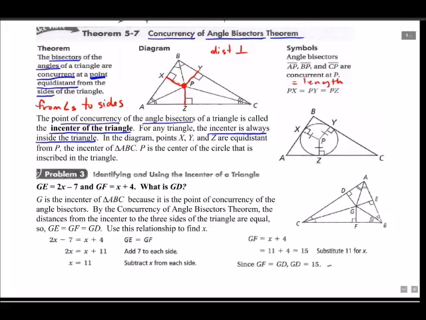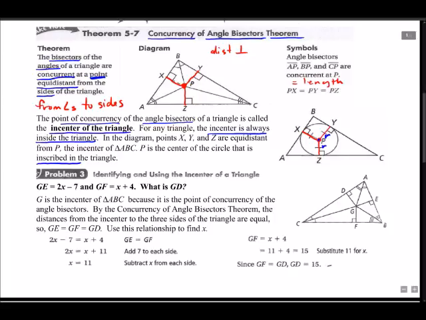And our incenter here, remember, is equidistant to the sides. So we are going to use this to inscribe a circle. And we use our point P as the center.